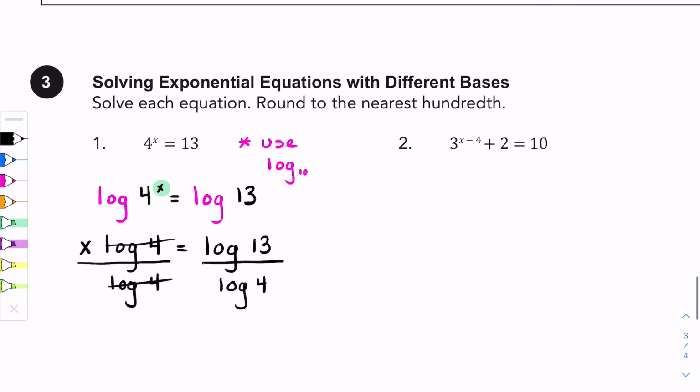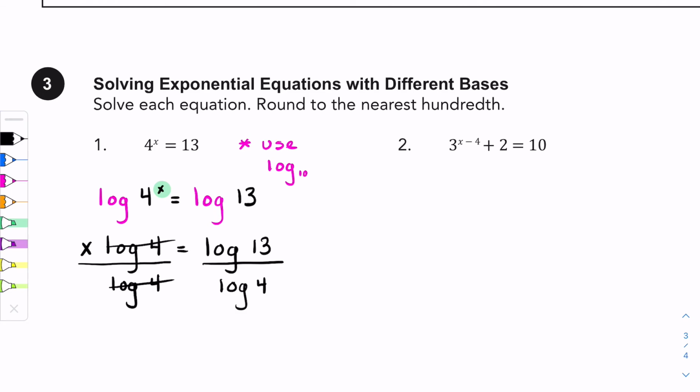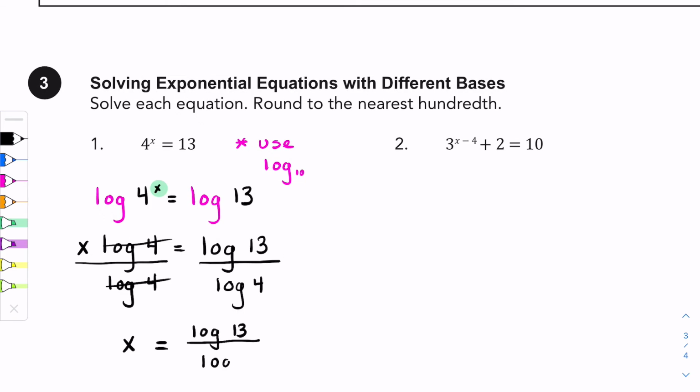On the left, log base 10 of 4 will cancel, and x is equal to what you're now going to type into your calculator, log base 10 of 13 divided by log base 10 of 4.